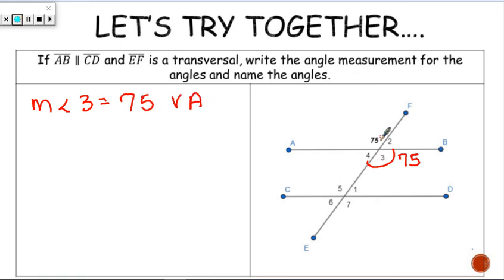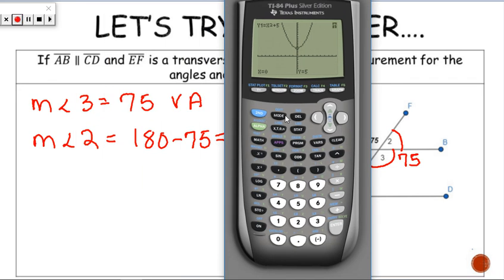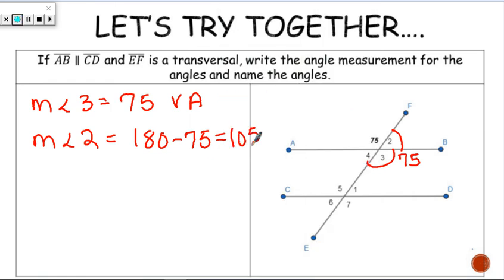And now if I go through here, the measure of angle 2 is going to be 180 minus 75, which is, if you grab your calculator, you do 180 minus 75, double check yourself, that's 105, so you get 105.